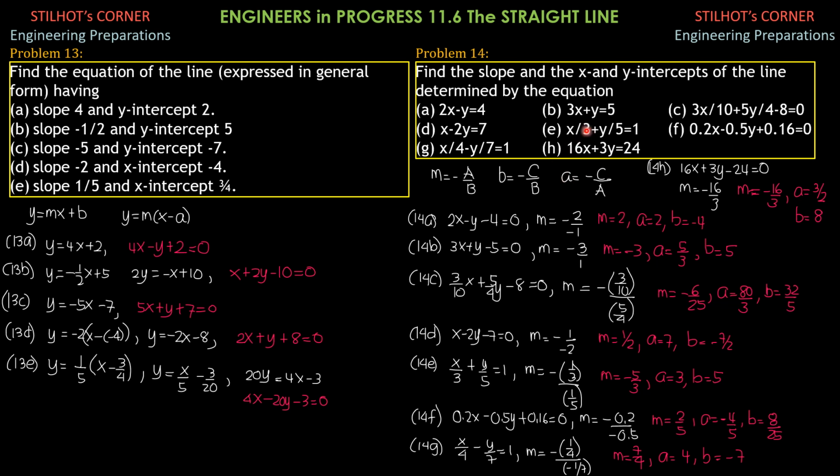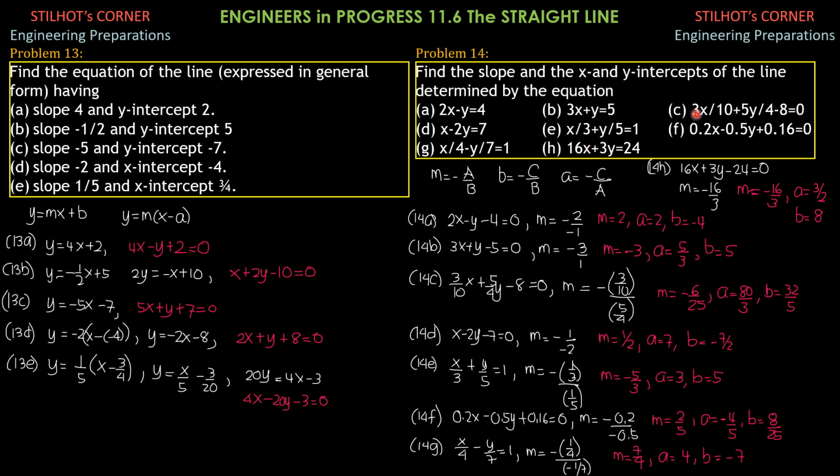For 14b, 3x plus y minus 5 equals 0. The slope is negative of 3 divided by 1, so negative 3. The x-intercept is negative of negative 5, so 5 over coefficient of x 3, so 5/3. The y-intercept is negative of negative 5, or 5 over 1, so it is 5.